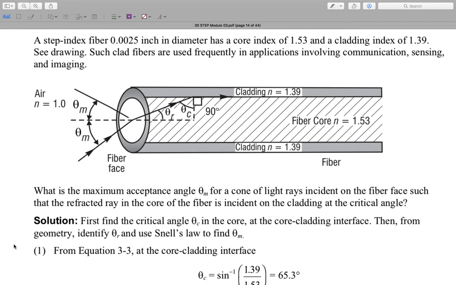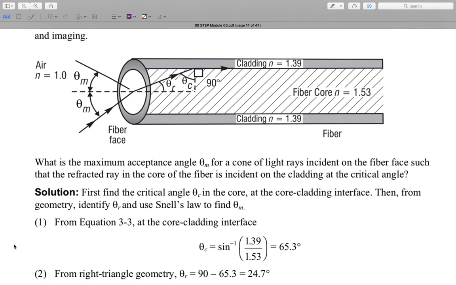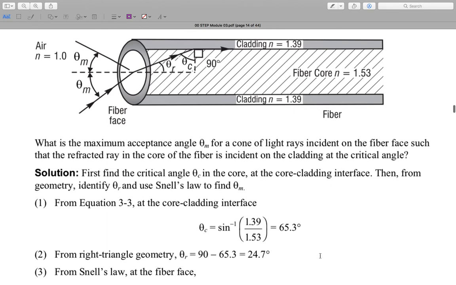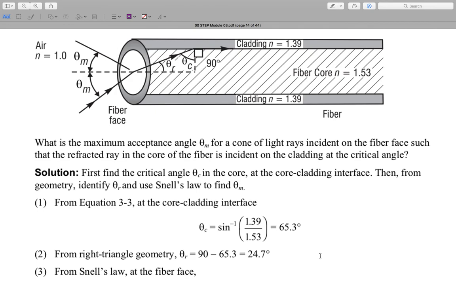From equation 3.3, at the core cladding interface, we have theta c equals sin minus 1 of the index of refraction of the cladding divided by the index of refraction of the fiber core. Finally, we get 65.3 degrees. And for the right triangle, theta r equals 90 minus 65.3, so it equals 24.7 degrees.